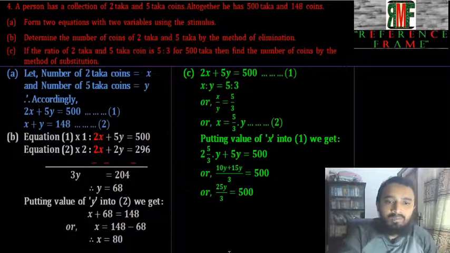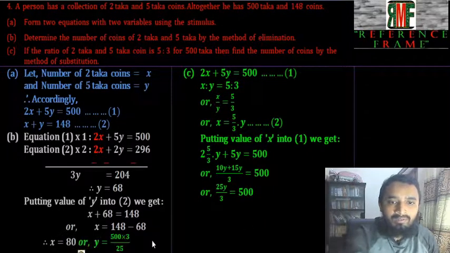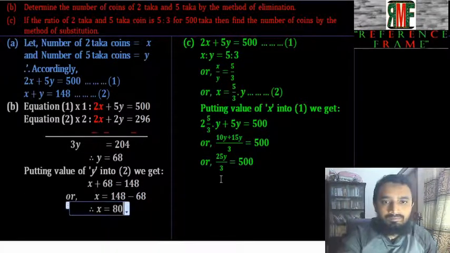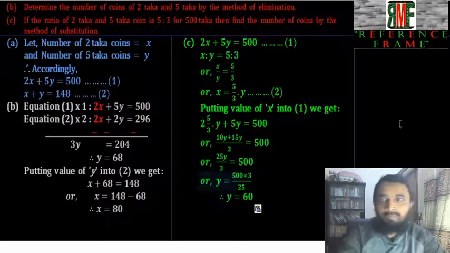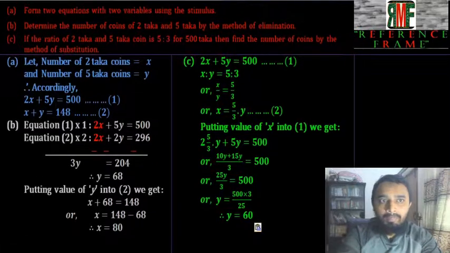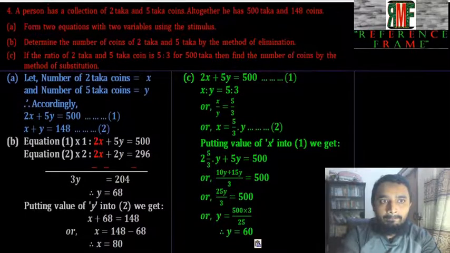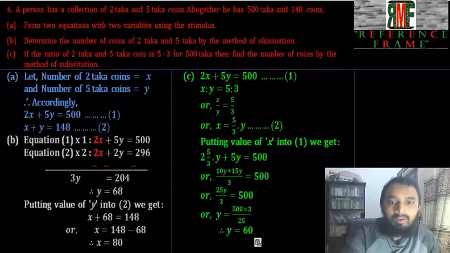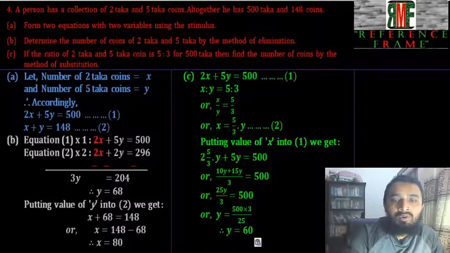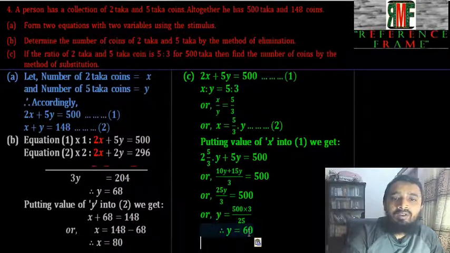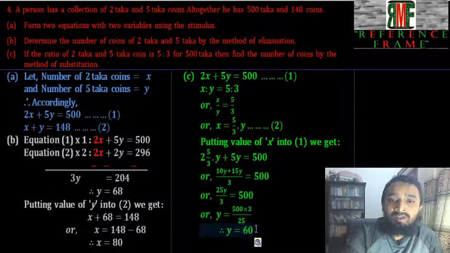So by putting down their value, we have y is equal to 60. That means we found the number of coins of 5 taka. We have 60 coins of 5 taka, so 60 into 5 gives us 300 taka in total.